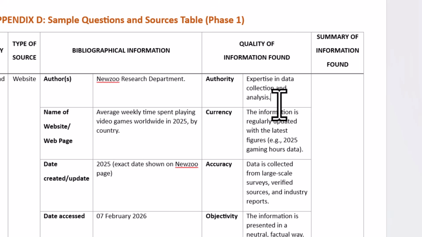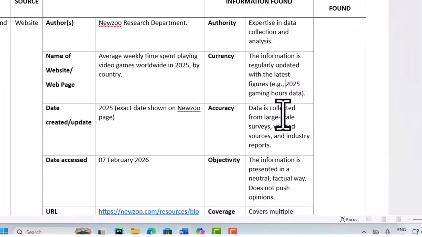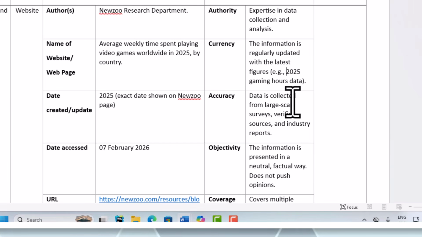Or is it just a beginner, just a blogger who's just saying some things? The currency is how up to date that specific information is. Is that information current or is it old? I think they give us about a 2 or 3 year lenience, then it's old information.